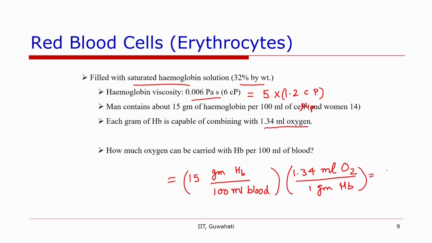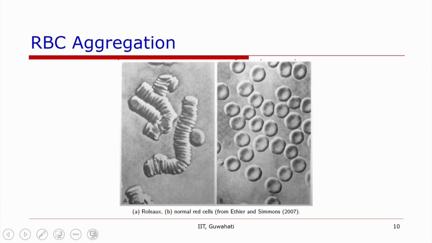So, that will turn out to be 15 into 1.34, which is about 20 ml oxygen that can be carried by 100 ml of blood. Okay. So, 100 ml of blood in a normal human being can carry about 20 milliliter of oxygen.